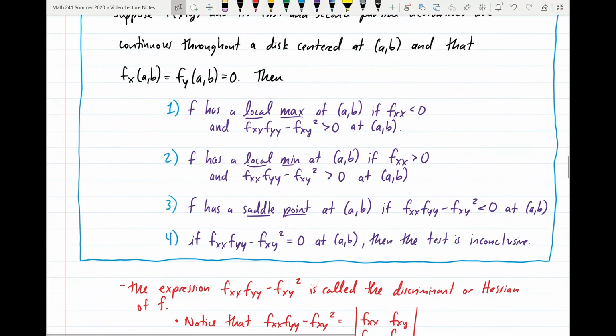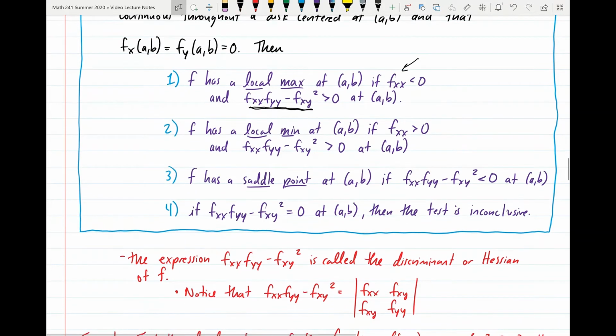Then f has a local max at the point (a, b) if f sub xx, a second order partial derivative, is less than 0 and f sub xx times f sub yy minus f sub xy squared is greater than 0 at the point (a, b). I know that this expression is kind of obscure, but it's a very important expression and something you're probably going to want to memorize.